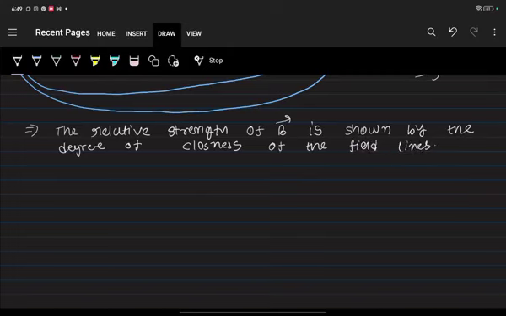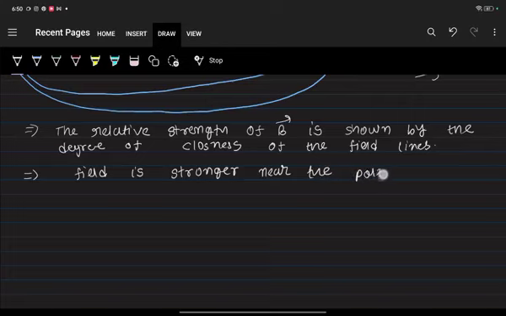Okay, denser the lines, stronger the magnetic field. Just a second. So the field is stronger at the poles. Field is stronger near the poles.